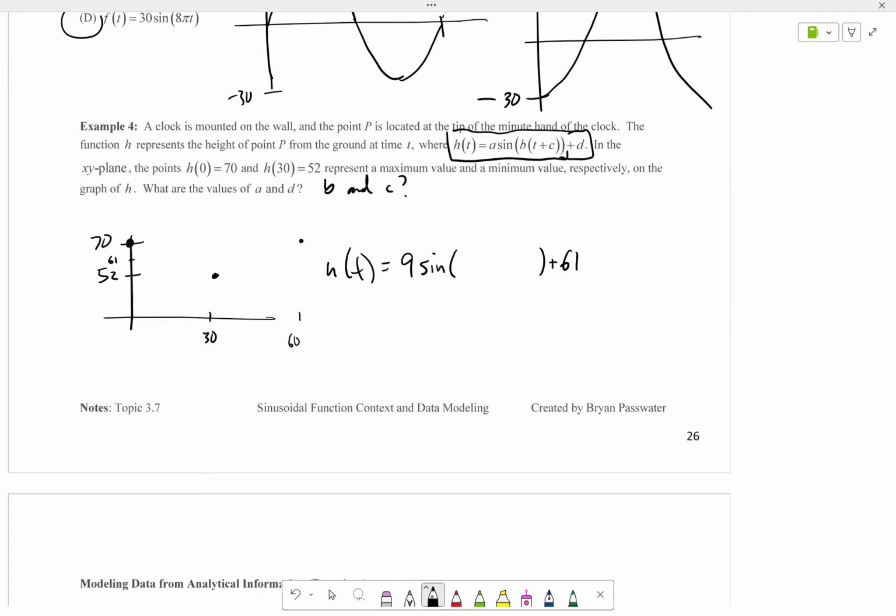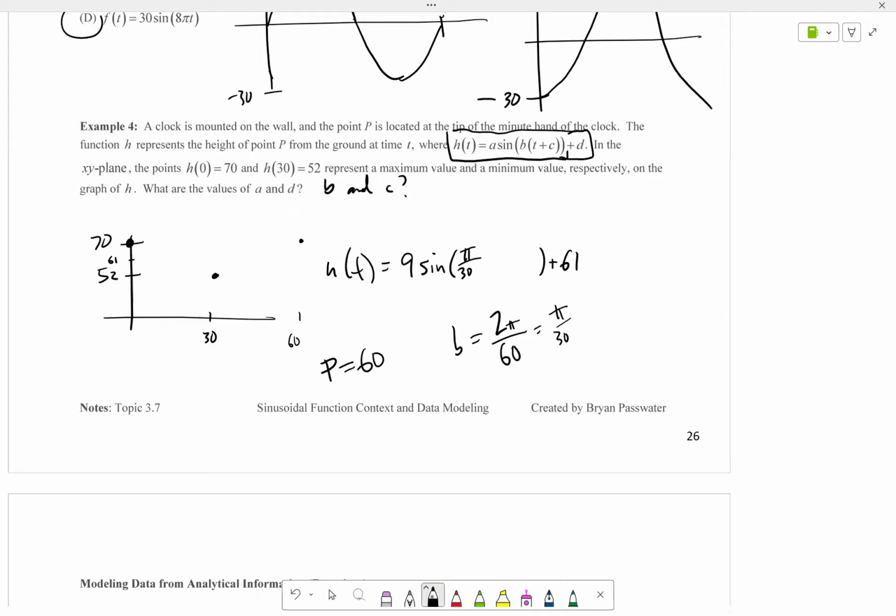The period itself is 60 points. So you do 2 pi over x equals 60 to get the actual b value, and for that I got pi over 30.